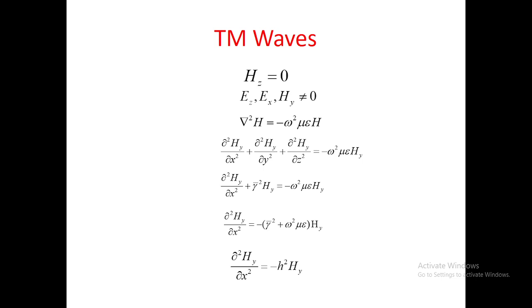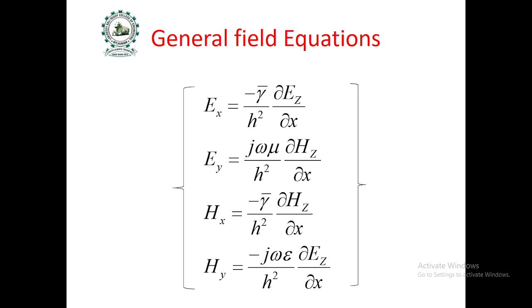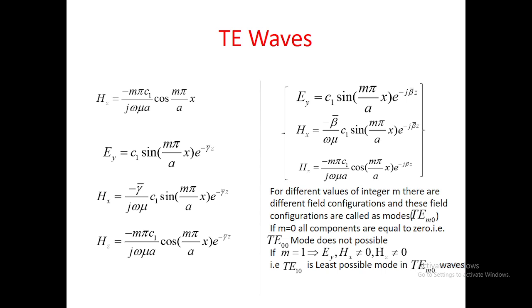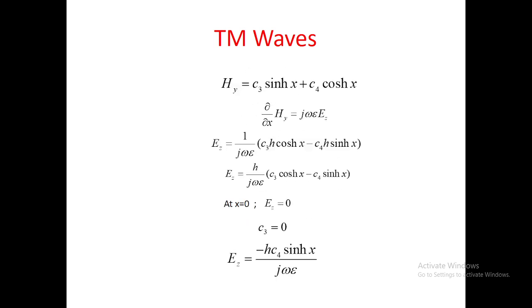Coming to TM waves, here Hz equal to 0 gives the general field equations. Hz equal to 0 means the non-zero components are Ex, Hy. So these are the non-zero components Ez, Ex, Hy from the magnetic wave equation.